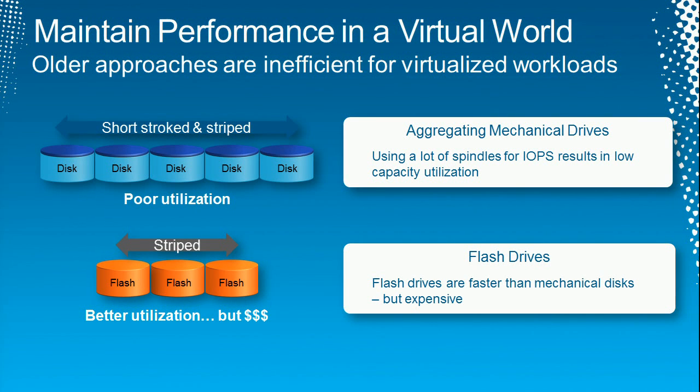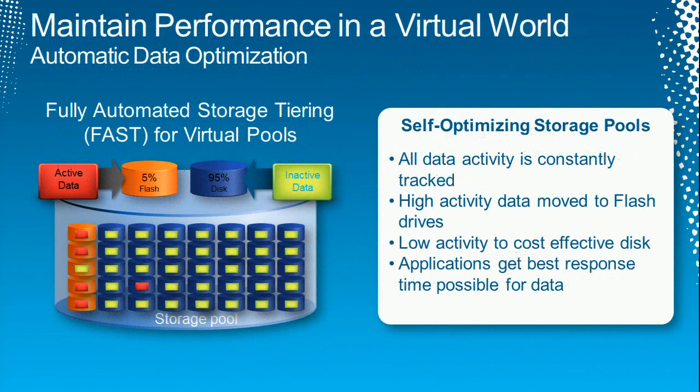Now with the introduction of things like flash drives, you can actually get screaming performance, but really that's not a cost-effective solution to build out flash drives across your entire environment. So one of the things I think is encouraged to look at as you're virtualizing environments is using things like automatic data optimization. This is not a unique concept in the data storage world.